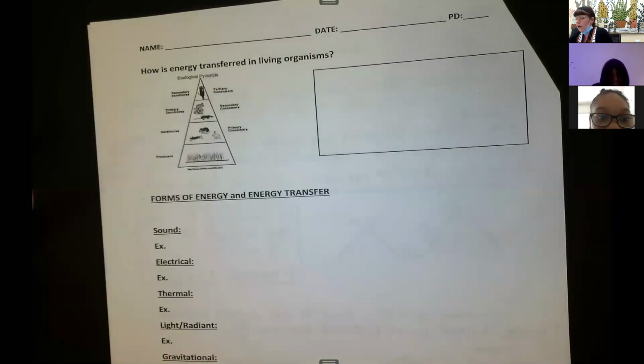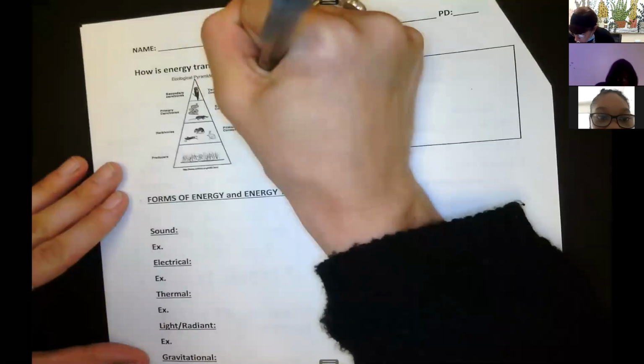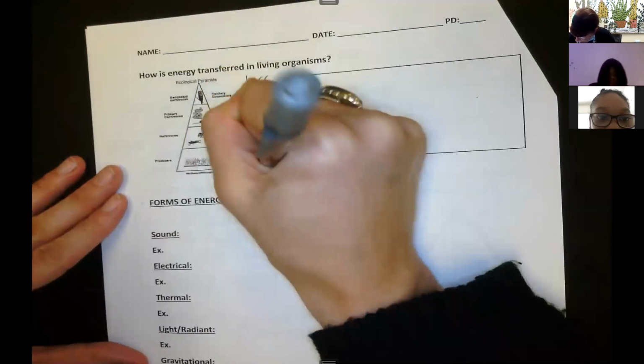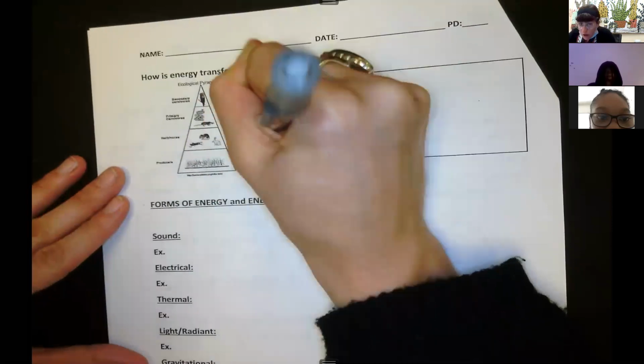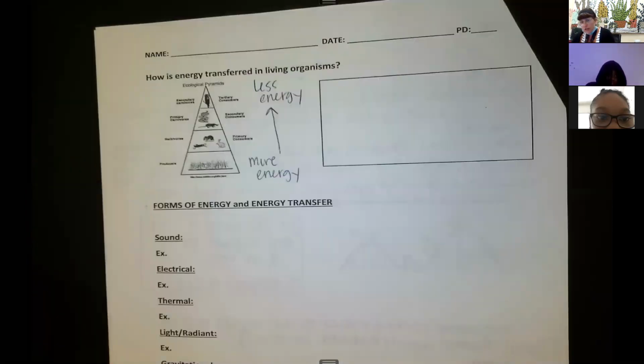We know that they eat each other, but is there more energy at the top or less? Less energy is available at the top. So every step of the food chain loses a little bit of energy. So there's less available at the top.